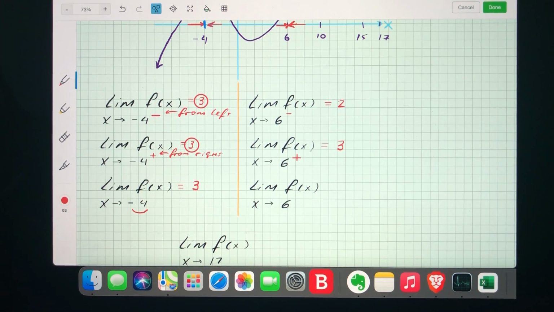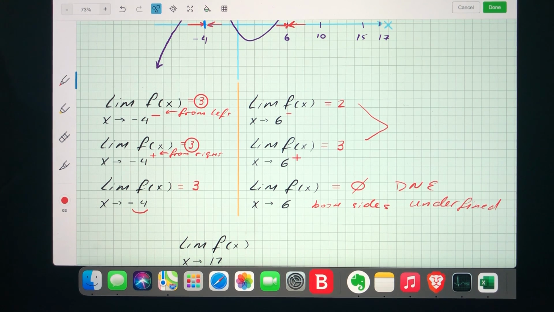And when there is no number, plus or minus, that means both sides, and the both sides must be equal. In order for us to have one answer, both of these numbers must match. And when they don't match, then there is no answer, which is a 0 with a line through it, which means does not exist or undefined.